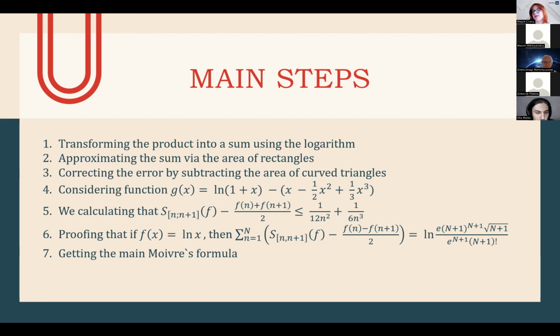I will explain it later. Then proving that if f of x is equal to the logarithm of x, then we will have this sum and get the main Moivre's formula. Now we can look at it more deeply.